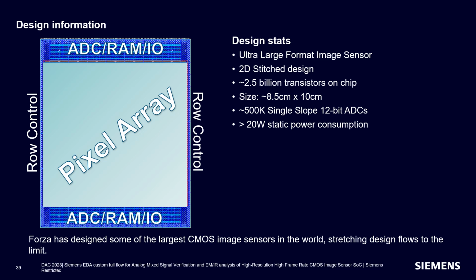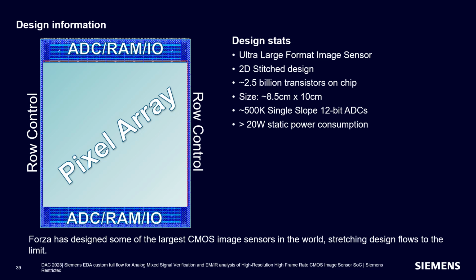It contains about 2.5 billion transistors and is 10 centimeters tall and 8.5 centimeters wide. This was fabricated using a procedure known as 2D stitching and contains about 500,000 ADCs on the chip with a total power consumption of about 20 watts.